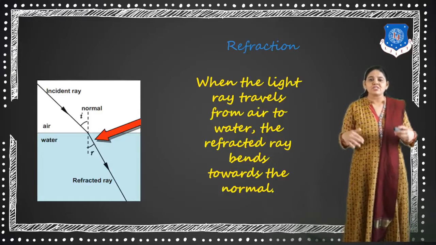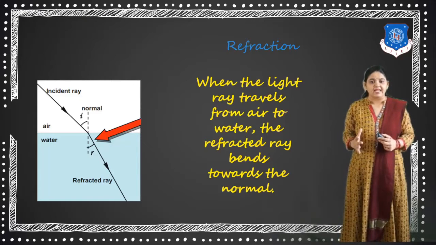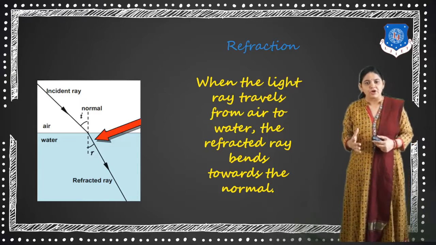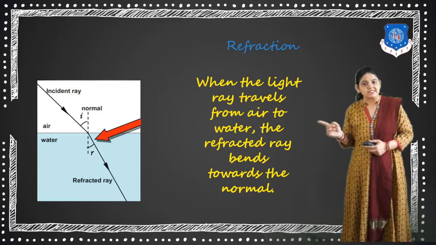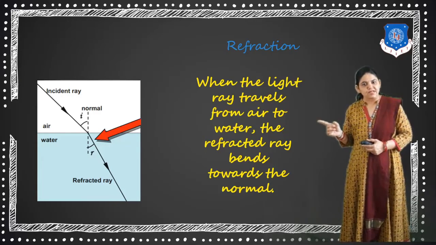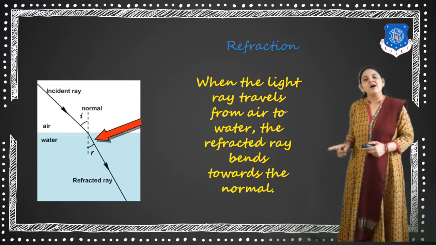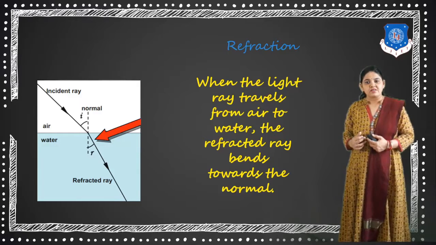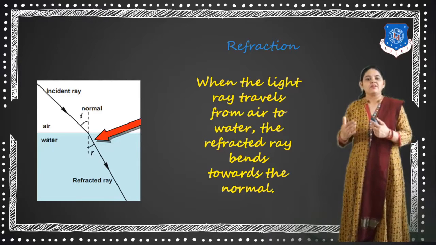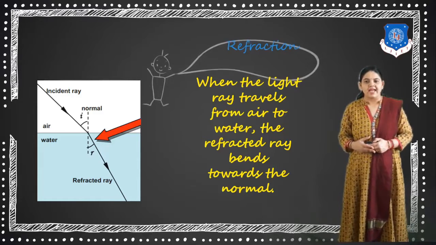When the light ray travels from air to water, the refracted ray bends toward the normal. Air is the medium with lesser density and lower refractive index, and when it passes through water, which has a higher refractive index and higher optical density, the refracted ray bends towards the normal axis.